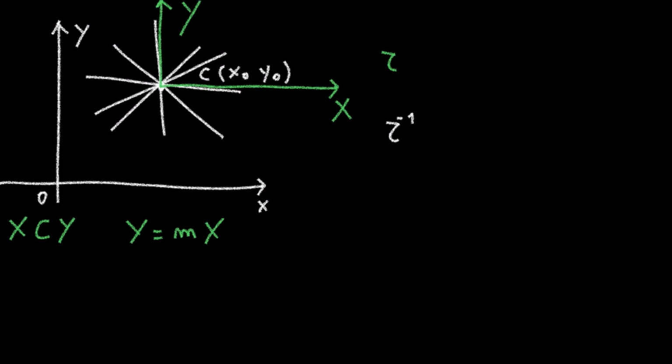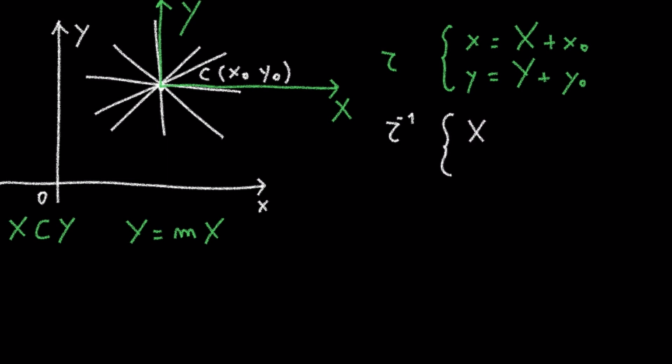Now the translation that shifts the origin to C, we have that x will be capital X plus x0 and y equals capital Y plus y0, and its inverse will be capital X equals x minus x0 and capital Y equals y minus y0.